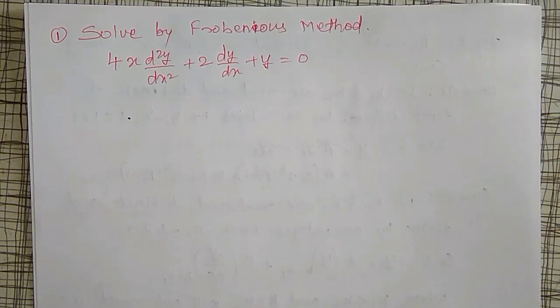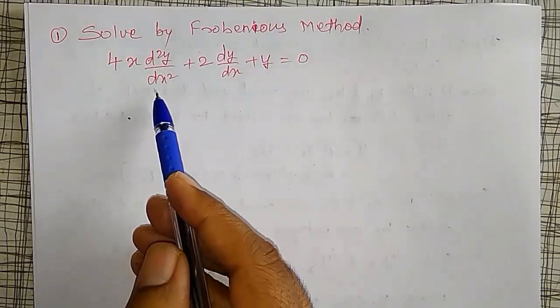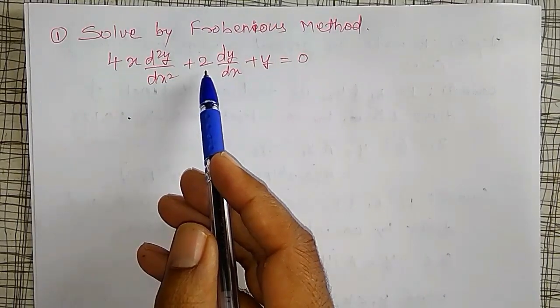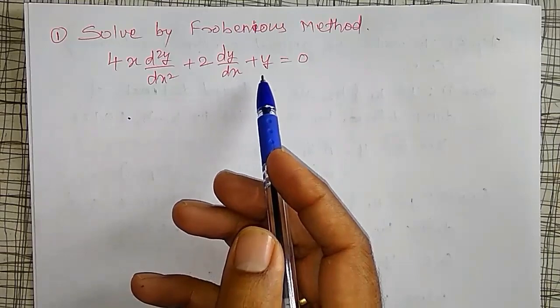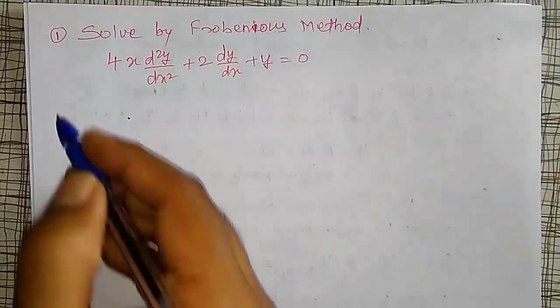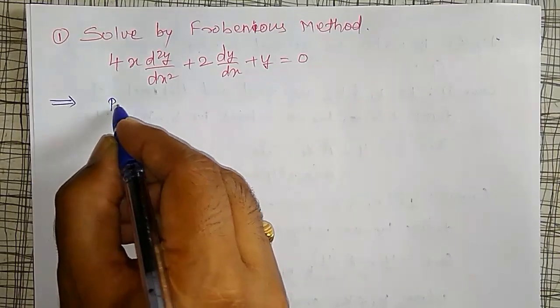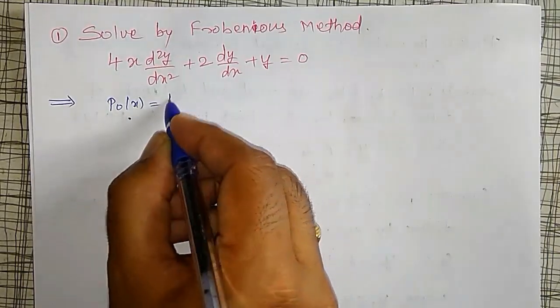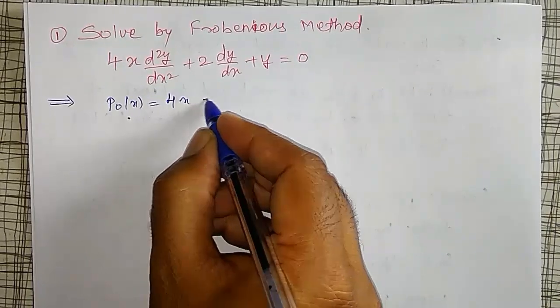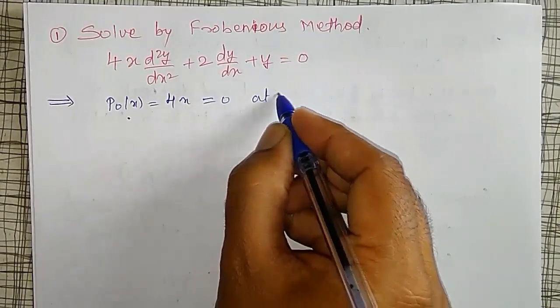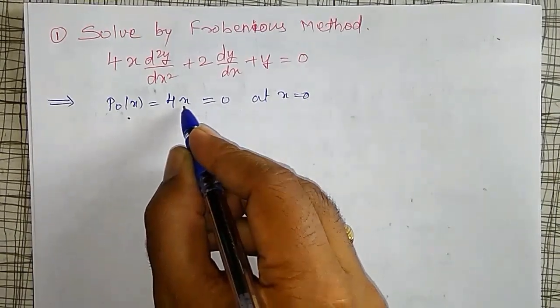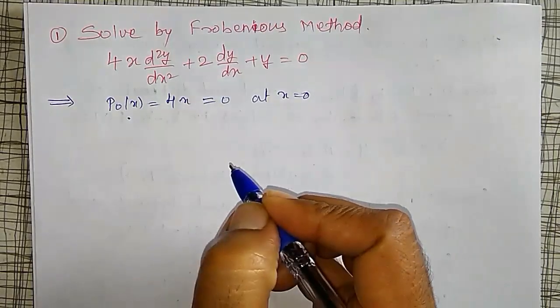Solve by Frobenius method 4x d square y by dx square plus 2 dy by dx plus y equal to 0. Here the coefficient of d square y by dx square is 4x, that is p naught of x is equal to 4x, which is equal to 0 at x equal to 0. If you substitute x equal to 0 here, this will become 0.